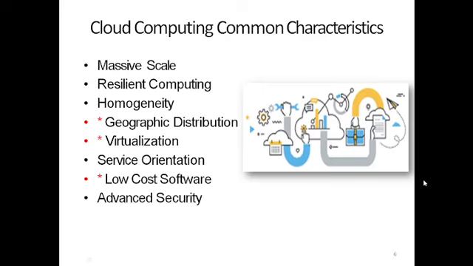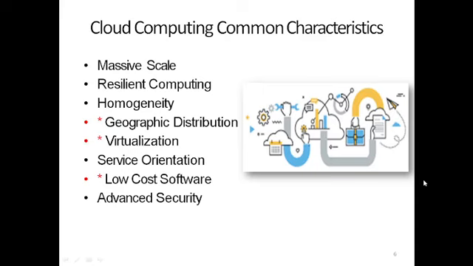So next we can say about the common characteristics as massive scale, resilient computing, homogeneity, geographic distribution, virtualization, service orientation, low cost software and advanced security. Massive scale in the sense we can have n number of computers or n number of servers, anything. And resilient computing in the sense, the number of resources are already allocated, so it is pre-configured, it will be working anytime anywhere.